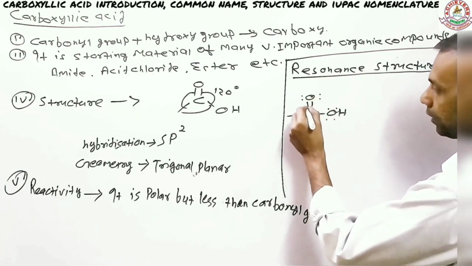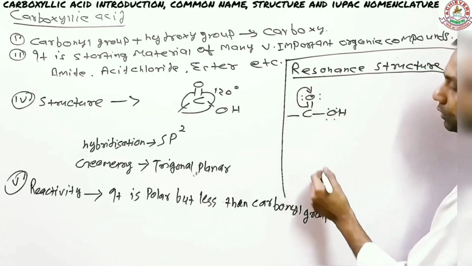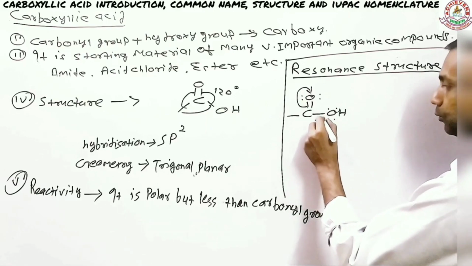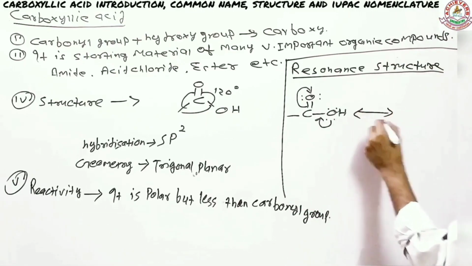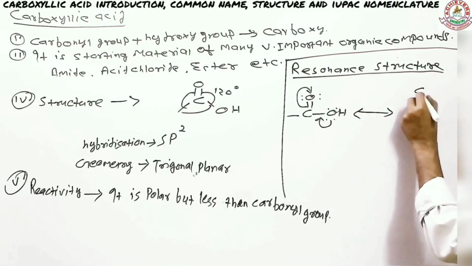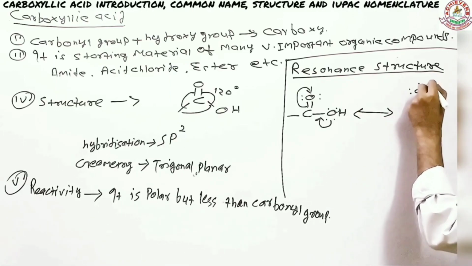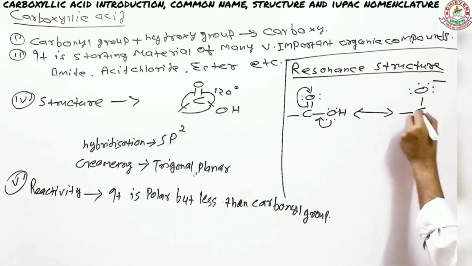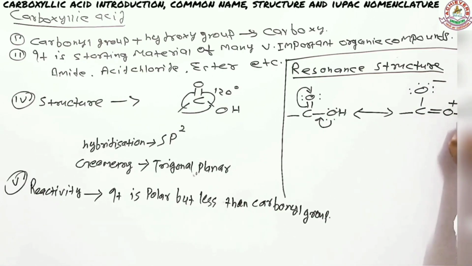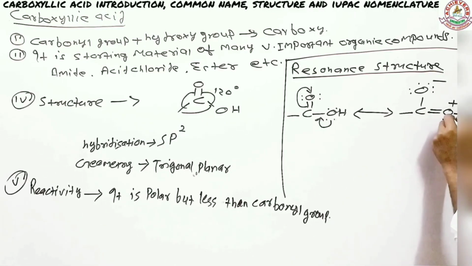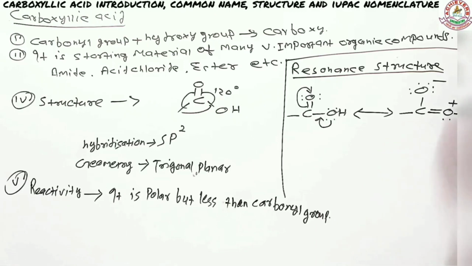So what happened? This undergoes polarization towards the oxygen, and in that case this lone pair is utilized in making a pi bond. So therefore you get a single bond oxygen with 3 lone pairs and a negative charge, and you get a double bond oxygen with a positive charge and hydrogen and with only 1 pair of electrons as lone pair, right?